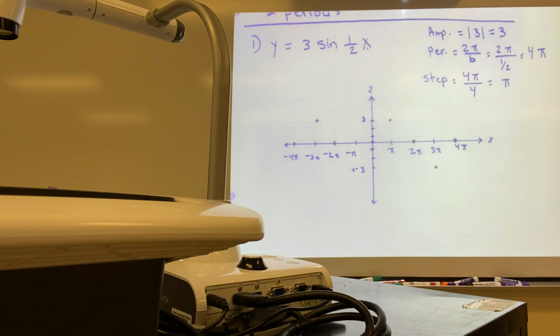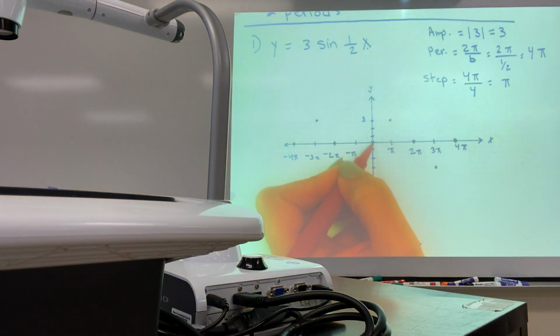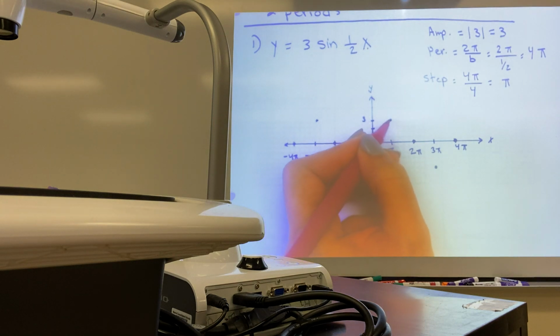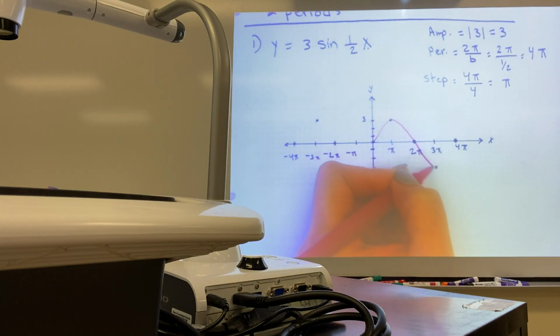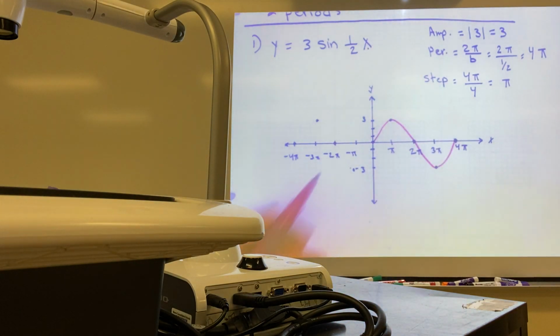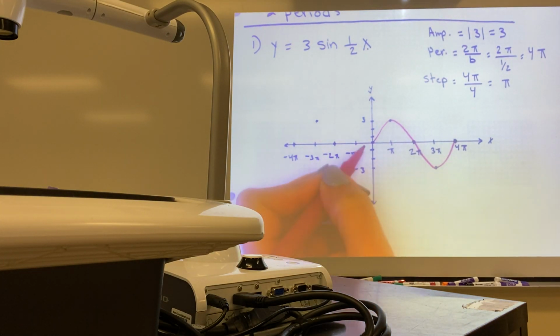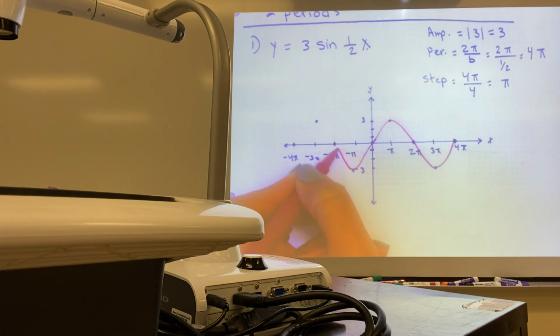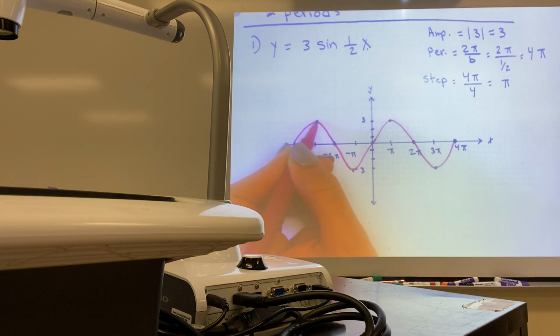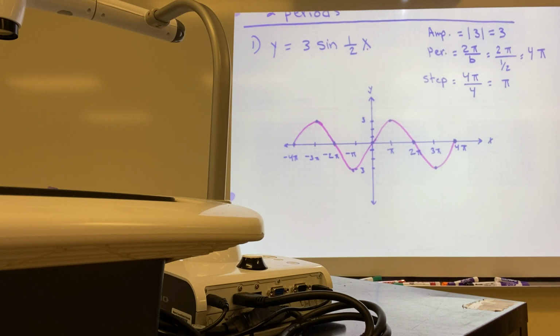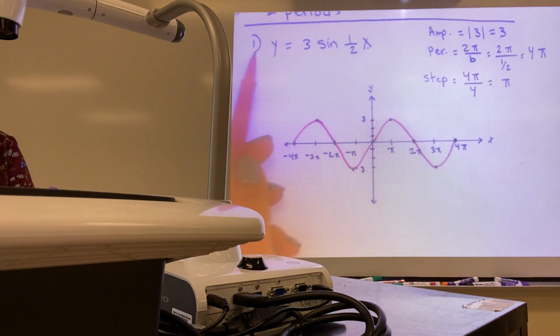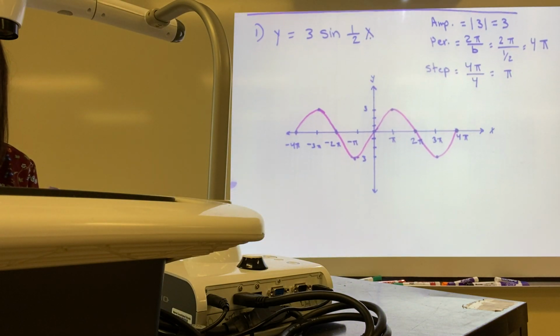Okay, these are all my points. Go ahead and connect them, and we're going down this way. Okay, and here is my sine function graph for y equals 3 sine 1/2 x.